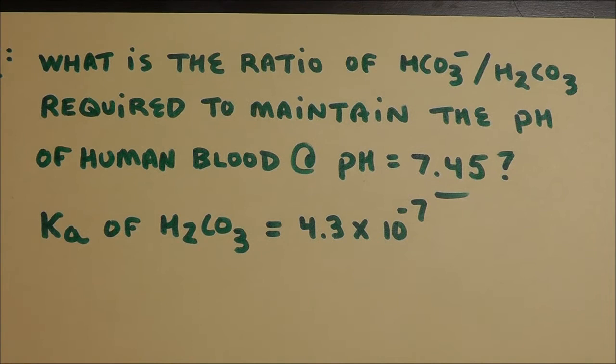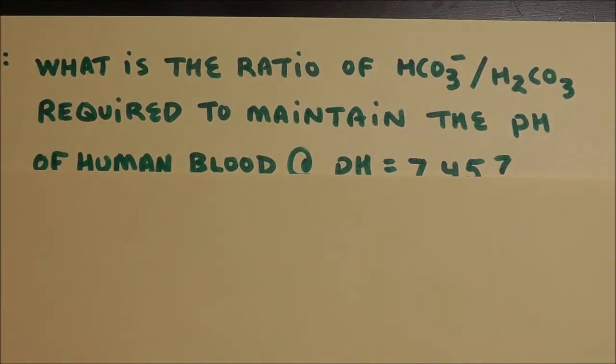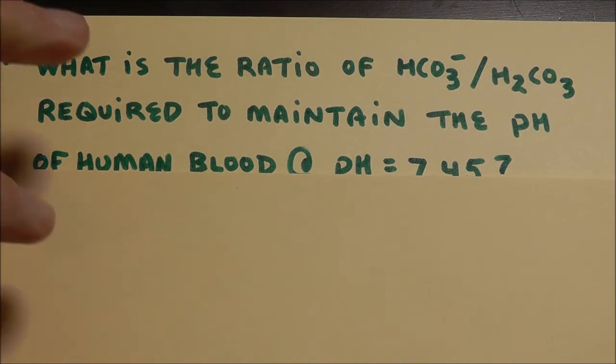All right, let's put our nice fancy new shiny equation to use, where we're going to solve a buffer problem with it. This is actually something that's pretty darn important. So I want to write out what goes on here. One of the things that happens in your blood is you generate carbonic acid.